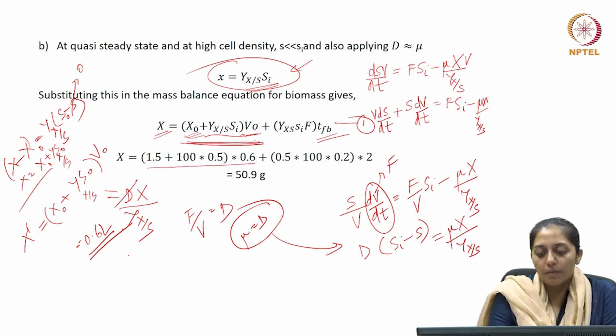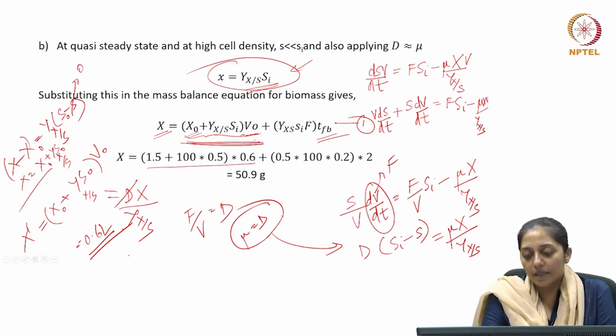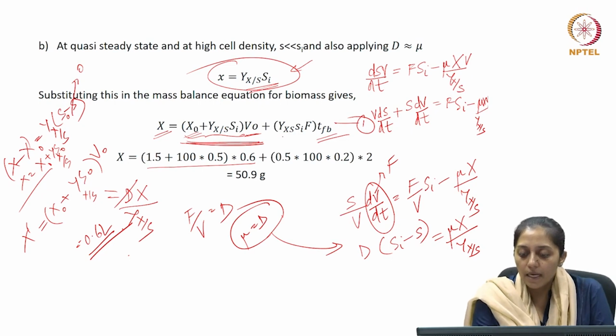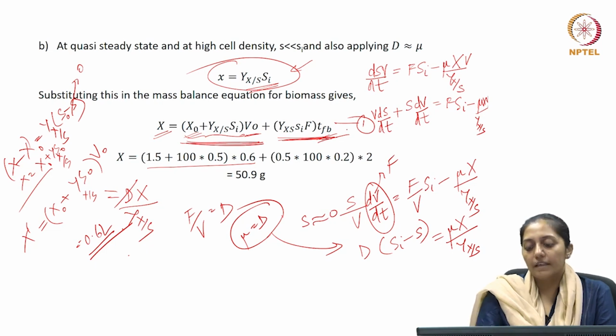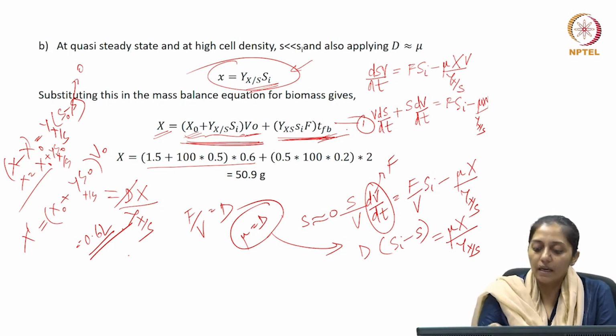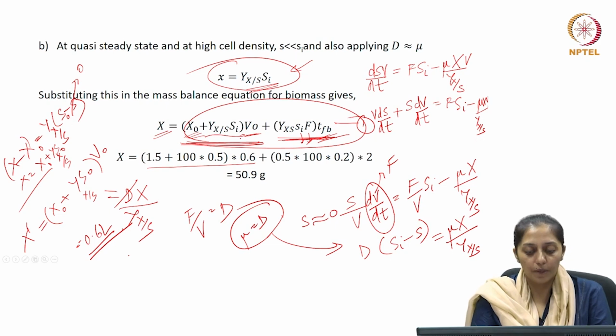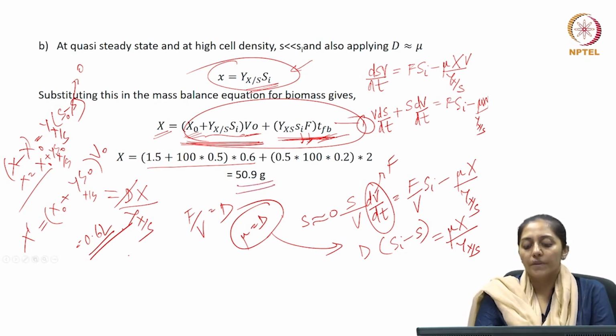This will be the initial amount of biomass present at the beginning of the fed batch, and then as the feeding continues, it will change to keep running at the state where S is nearly 0. TFB is the time for which the feeding is being done, F is the volumetric flow rate of the feed and Si is the feed substrate concentration. So, then your X will be changing as this, which is the amount of biomass. This comes out to be 50.9 grams.